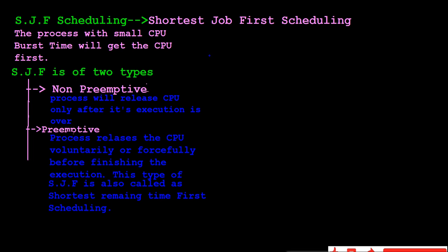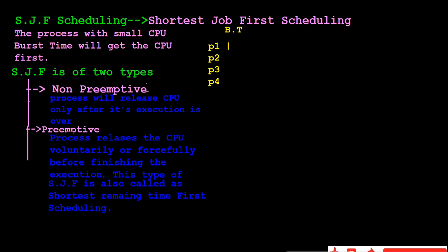For example, consider we have four processes, P1, P2, P3 and P4. We are not considering arrival time, so we are directly considering the burst times.